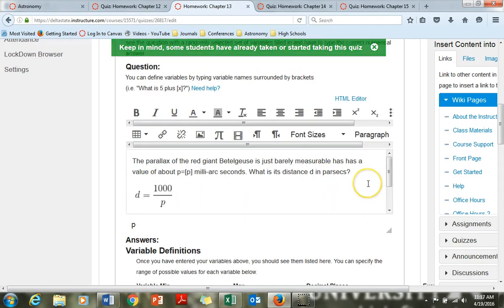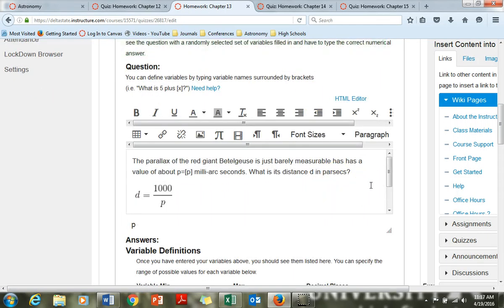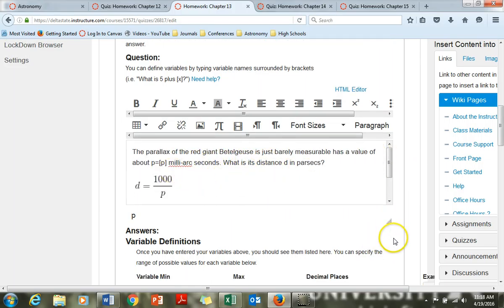Okay, so the red giant Betelgeuse, right? Barely measurable. It has a value of P milli-arc seconds, and the distance D is in parsecs, right?